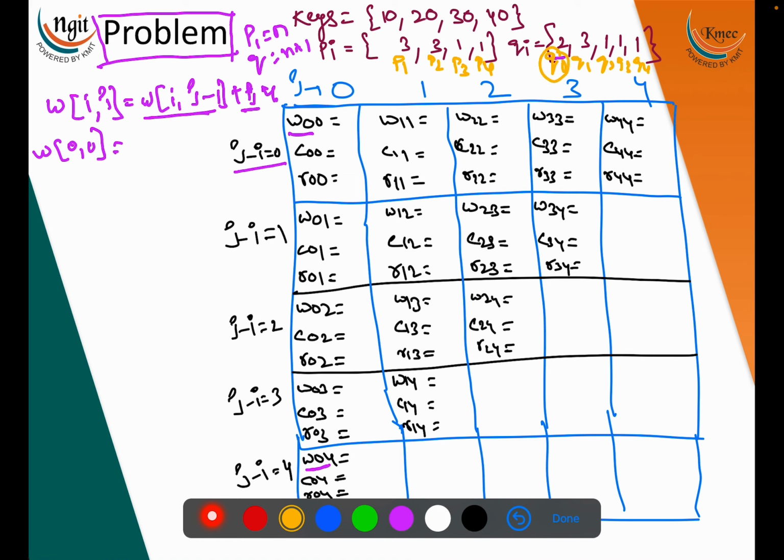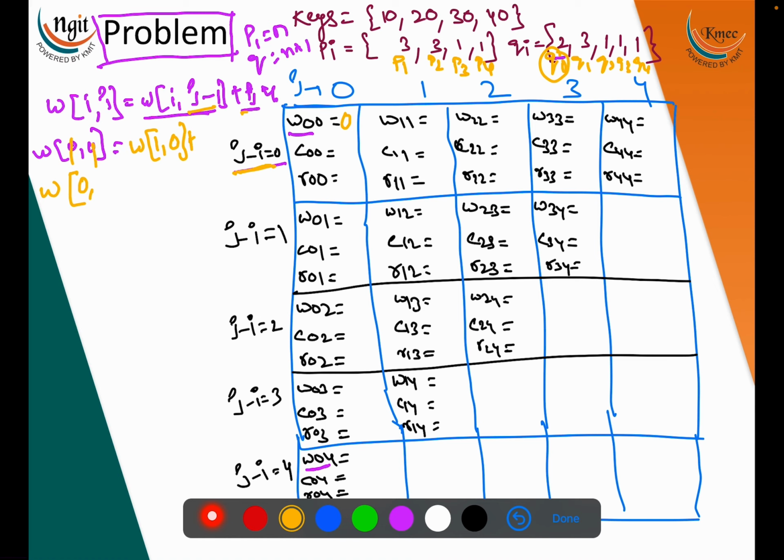Now, the W00 value is 0. You can calculate W11: i is 1, j minus 1 is 1 minus 1, which is 0. Let's first finish this first row.